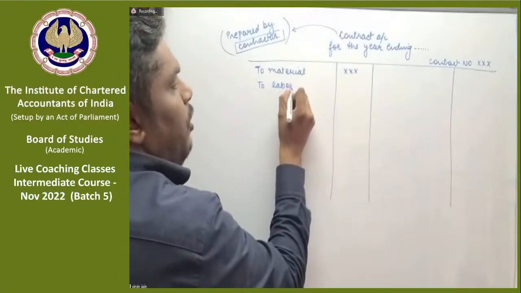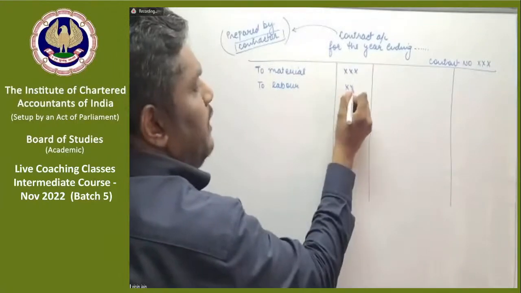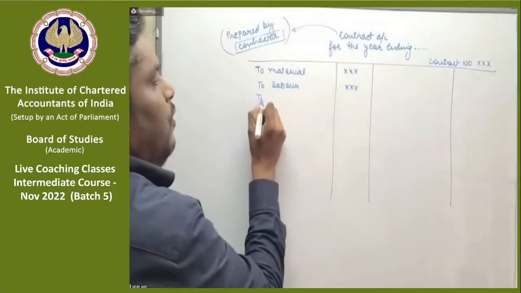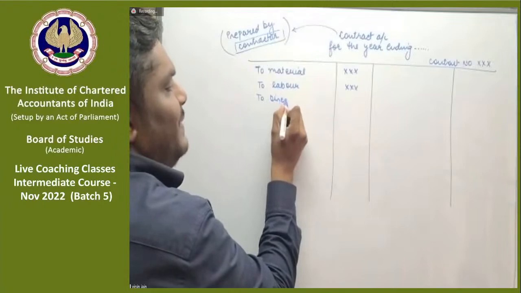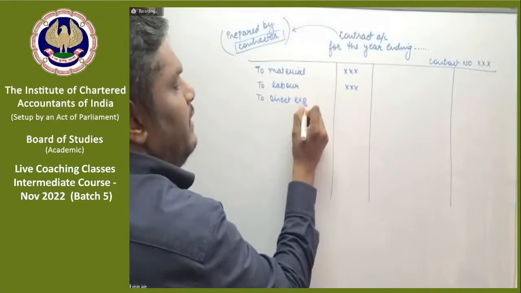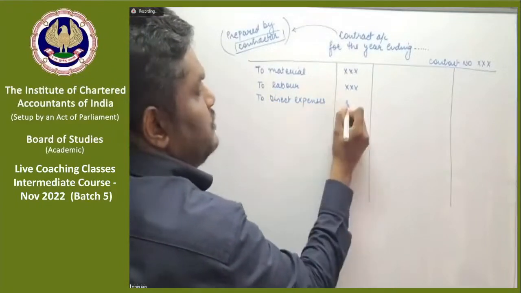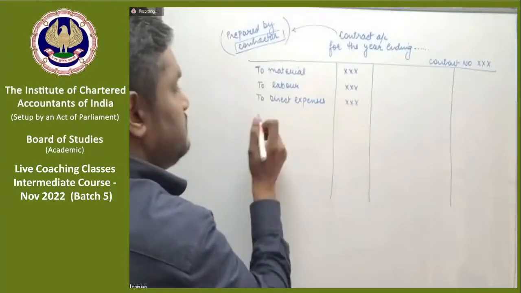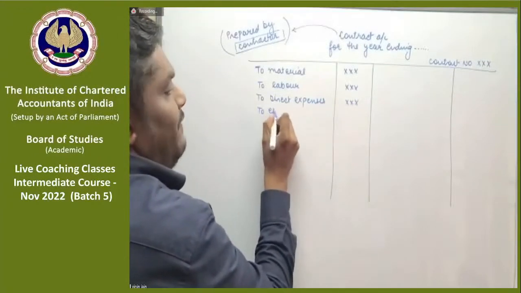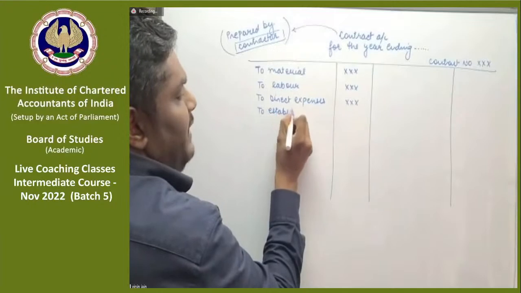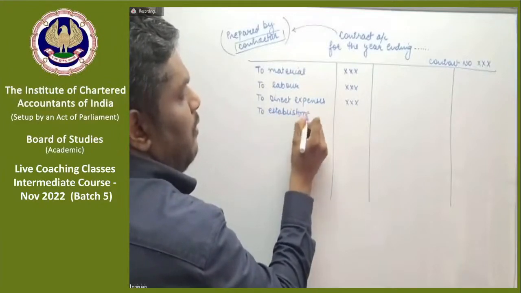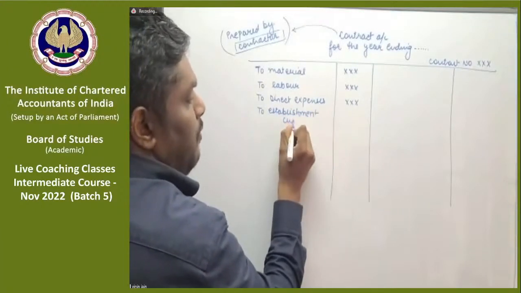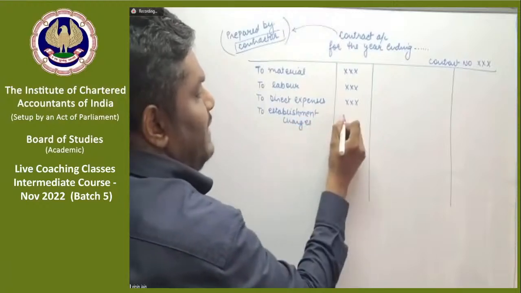The labor or any wages paid will be recorded. All the other direct expenses, if incurred, are to be recorded. If any establishment charges are paid, that will be recorded.